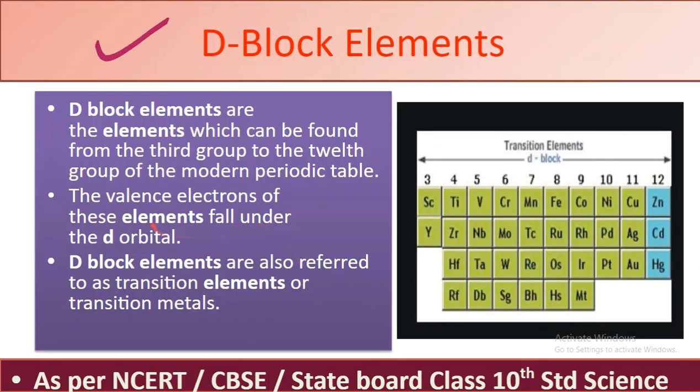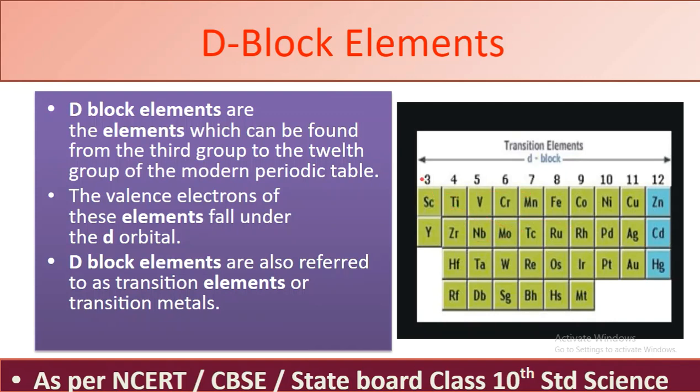Then the next one is the d block elements. D block elements are found from the third group to the 12th group of the modern periodic table. Here you can see from group number 3 to group number 12. First, 1 and 2 are the s block elements, and 13 to 18 are the p block elements, and in between s and p we have the d block elements.